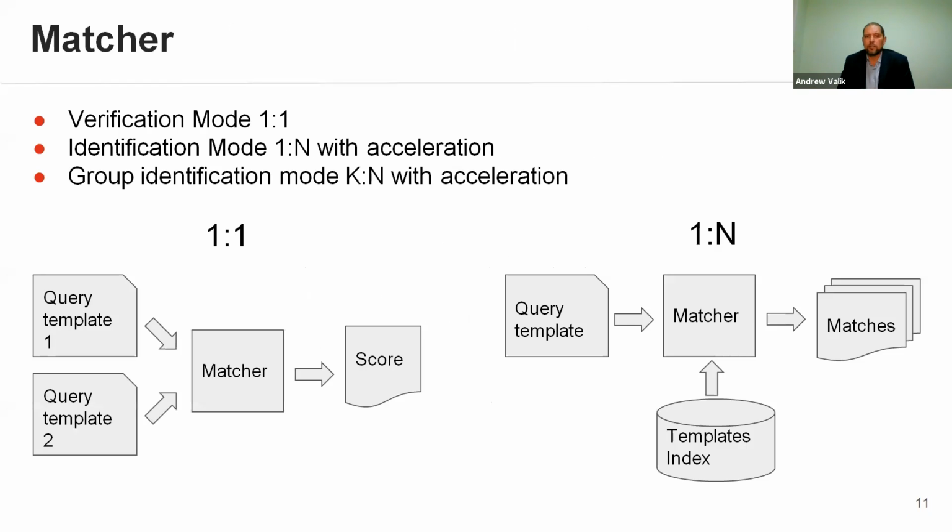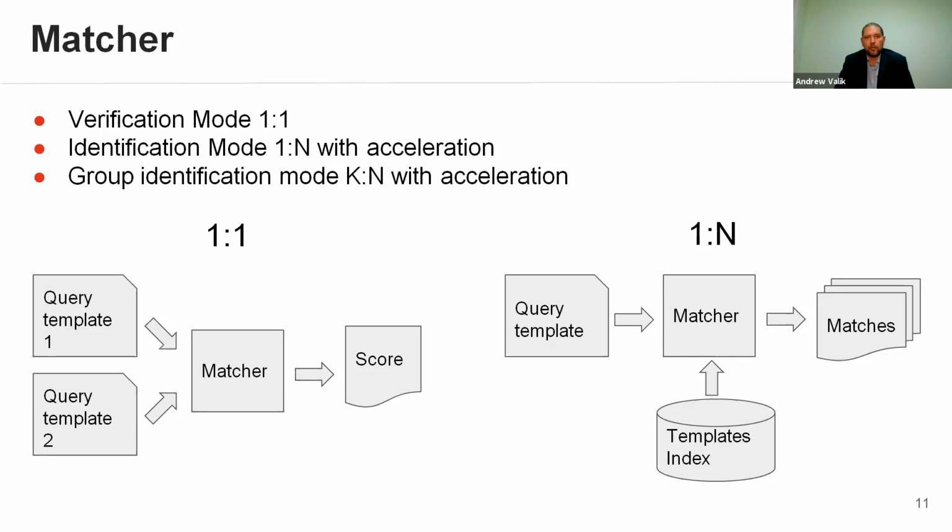And the next functionality of Face SDK is the matcher. The matcher is an object that compares templates, vectors. It has 3 different modes. Verification mode is one-to-one comparison mode. You just pass 2 templates to the matcher, and it returns a similarity score.